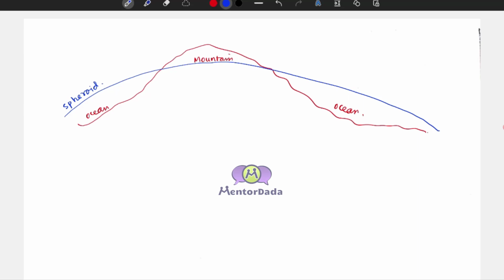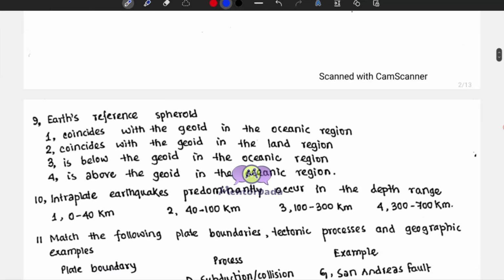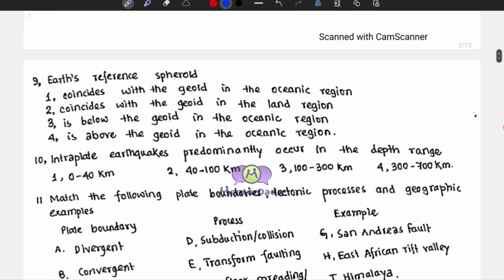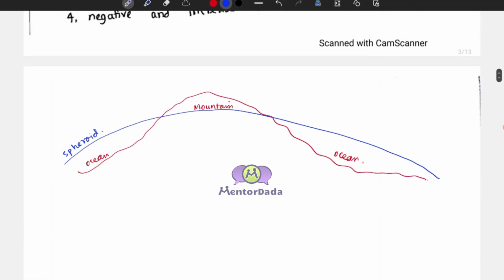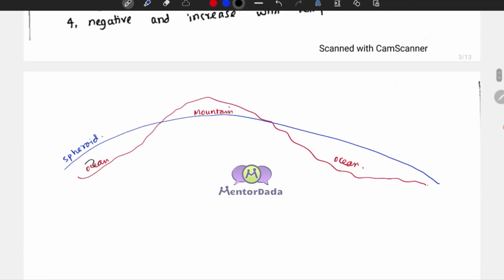And if you consider the geoid, so your question is Earth's reference spheroid. Earth's reference spheroid coincides with the geoid in the oceanic region, coincides with the geoid in the land region. Option number 3 is below the geoid in the ocean region, and above the geoid in the land region. So how is the geoid? The geoid is something like this.